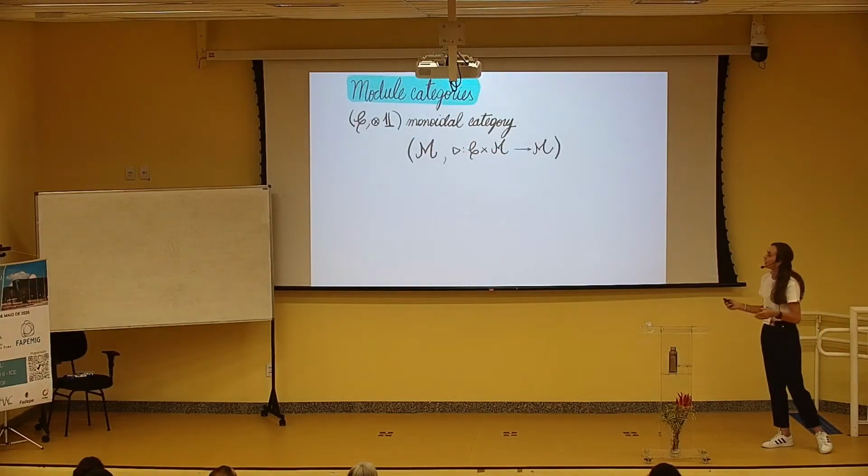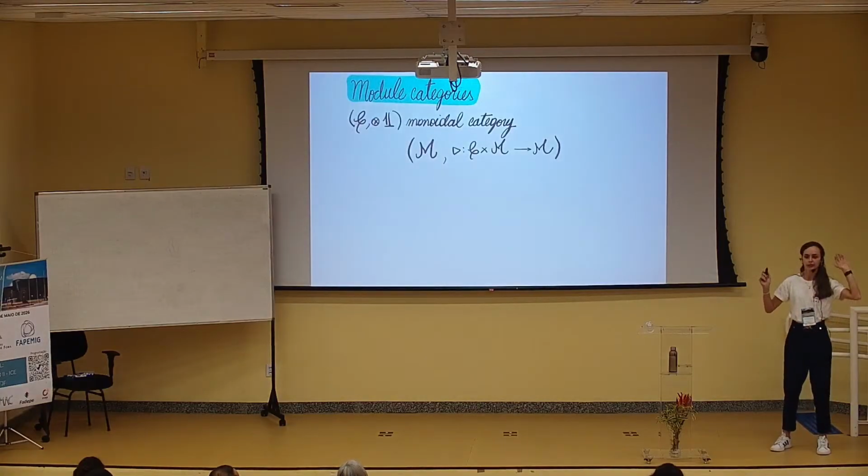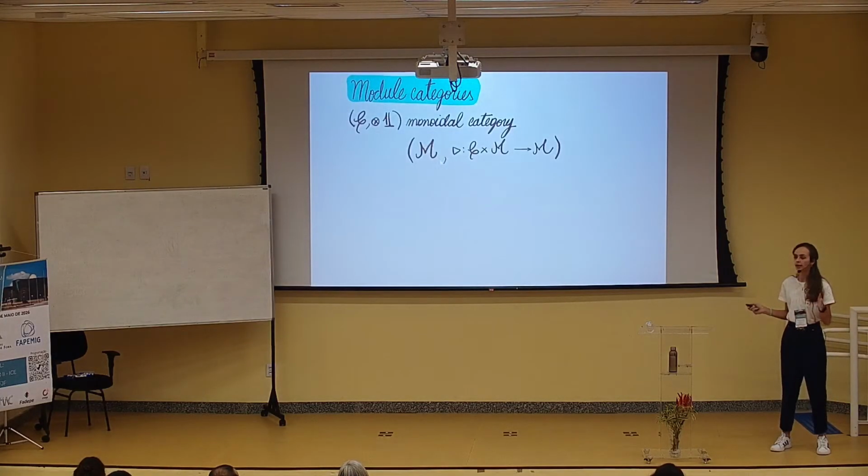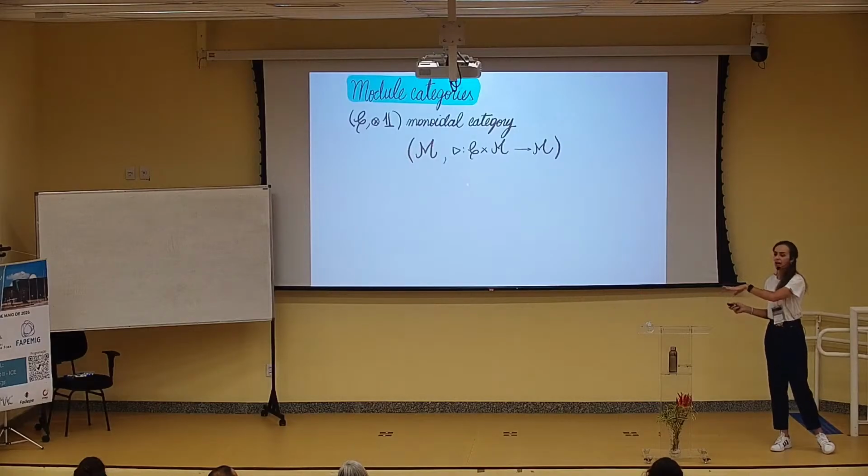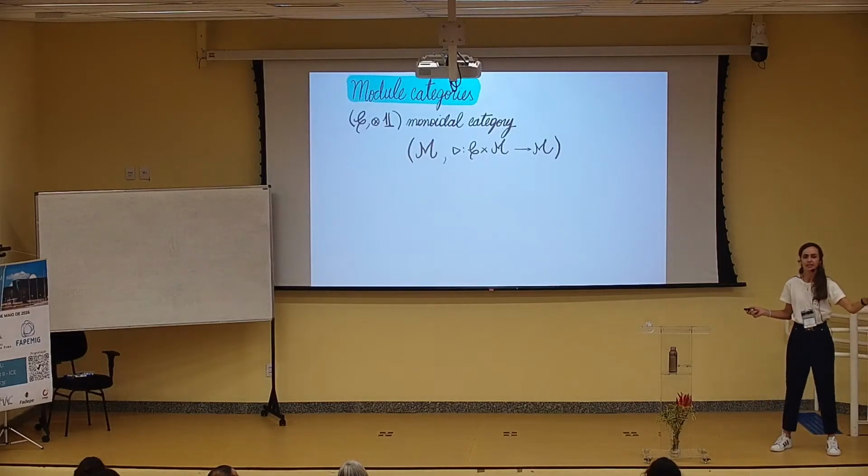Now I want to go to module categories. So fix your monoidal category, and now I have another category that is a module over this monoidal category. So what is a module category?